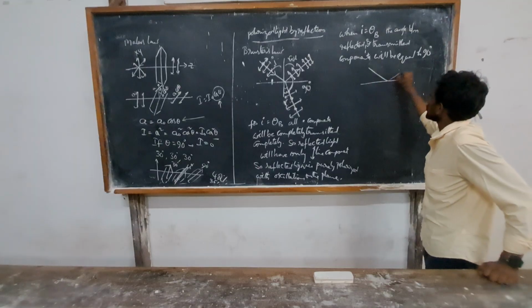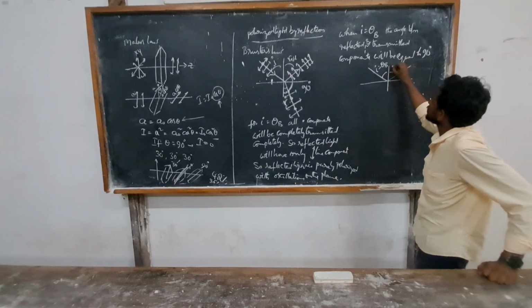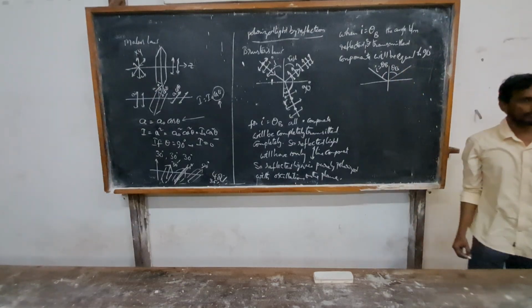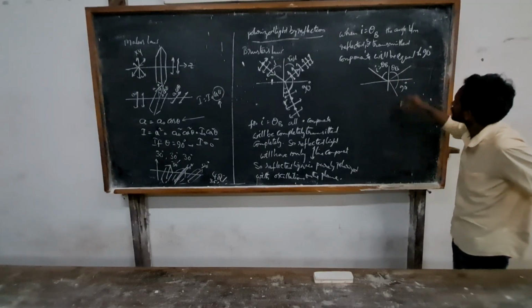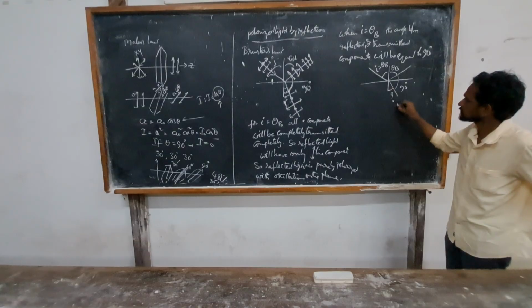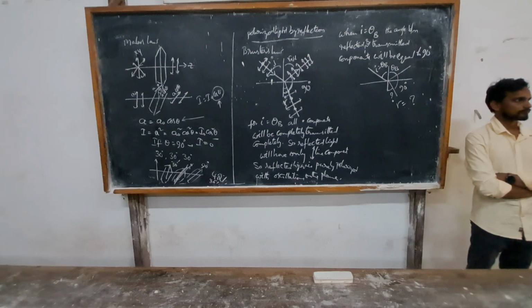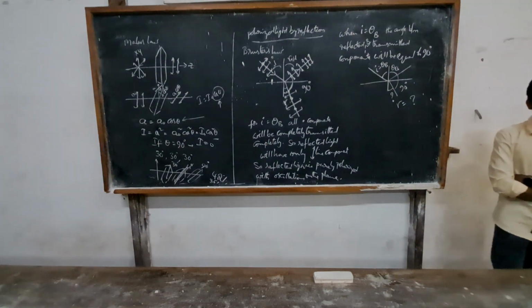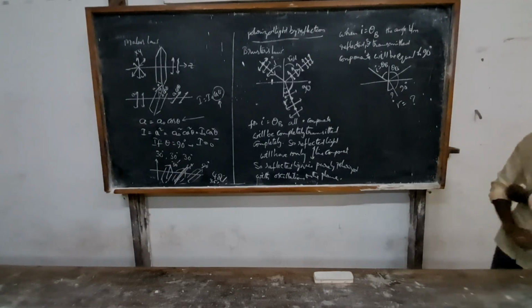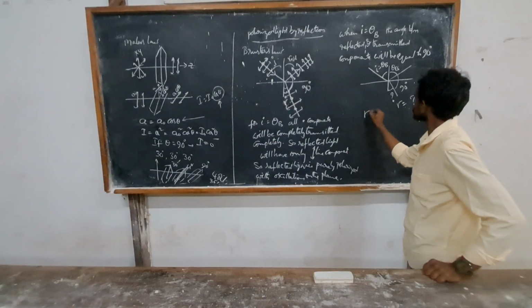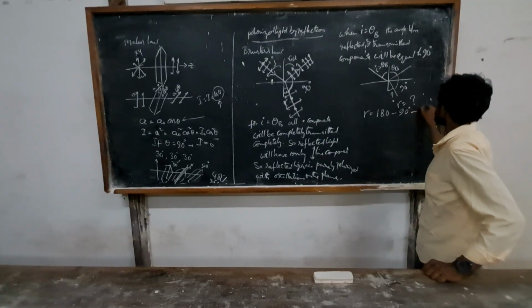When i is equal to theta b, the angle of reflection is also equal to theta b, and this angle is 90 degrees, then what will be the value of r? 180 minus 90 minus theta.